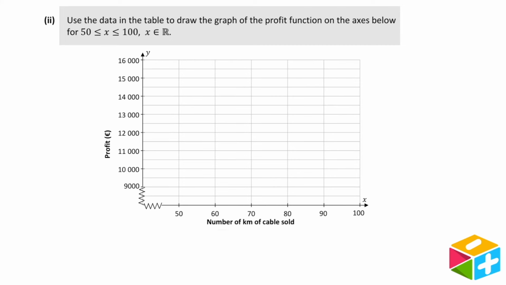Use the data in the table to draw the graph of the profit function on the axis below for 50 is less than or equal to x is less than or equal to 100, where x is an element of the real numbers.